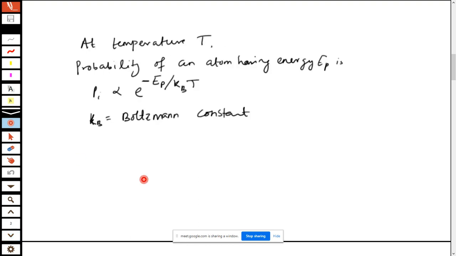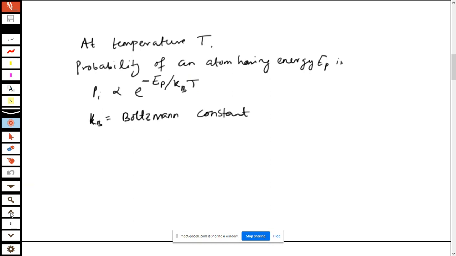Okay, and let's say we are at a temperature T, and you want to find out the probability that an atom having energy E is given by this Boltzmann factor. This is exponential minus EP by kBT, where kB is the Boltzmann constant, and this is the probability that the atom will have energy EP.